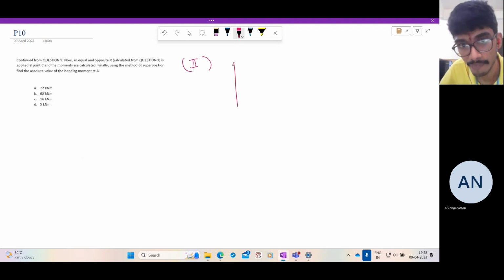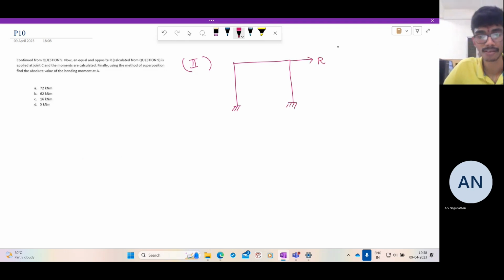You take the frame and apply R here. But before we solve the problem, we don't know what will be the sidesway here.